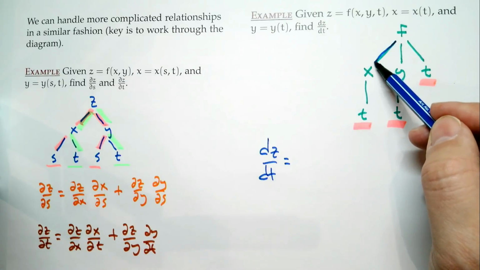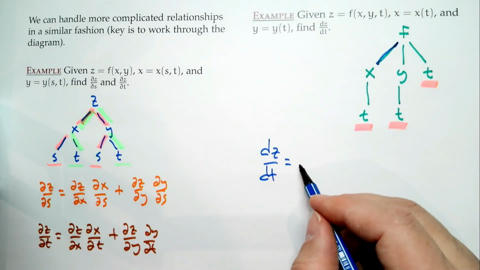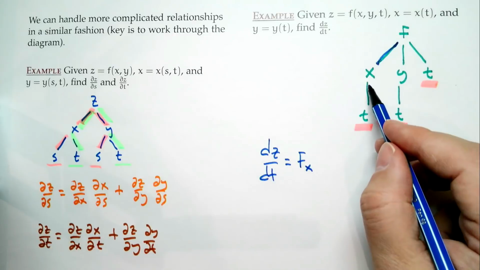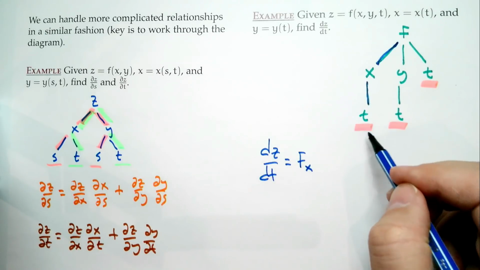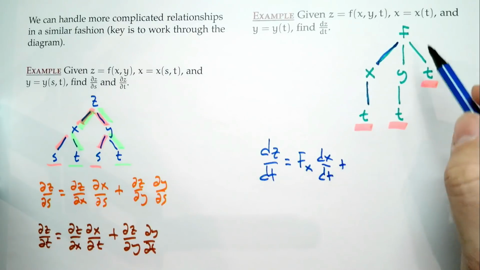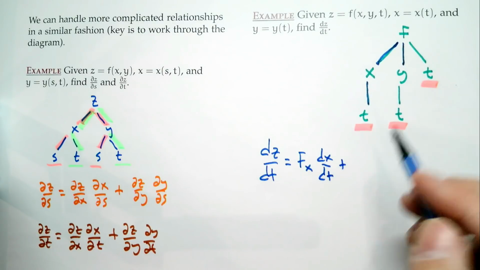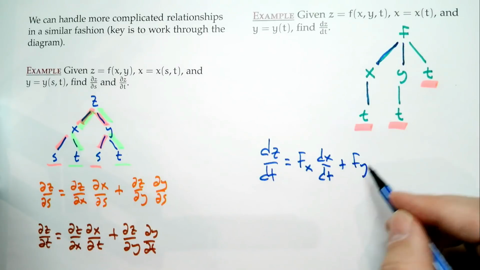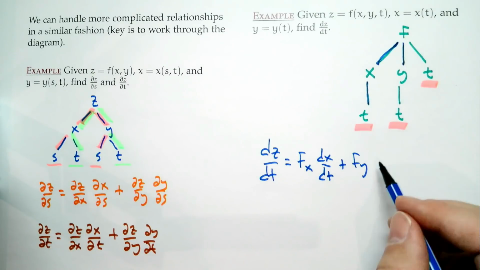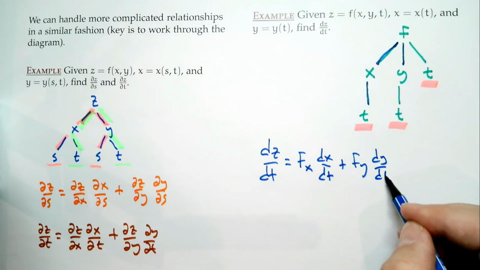You start with f to x, which I'll denote as f sub x, and then go from x down to t, so dx dt. Plus, now you go through the next route, f sub y, how the function changes with respect to y, and then you have dy dt.